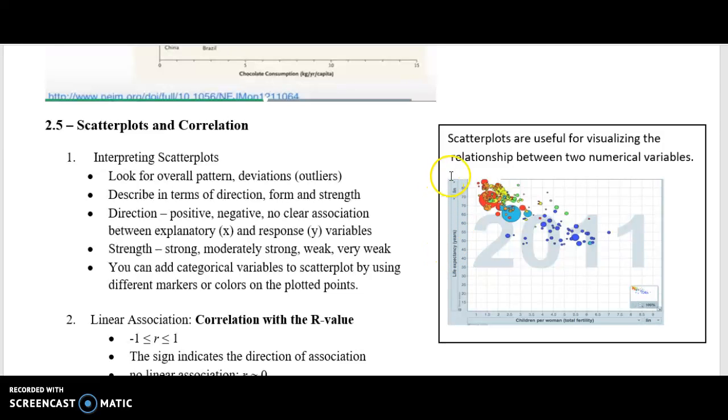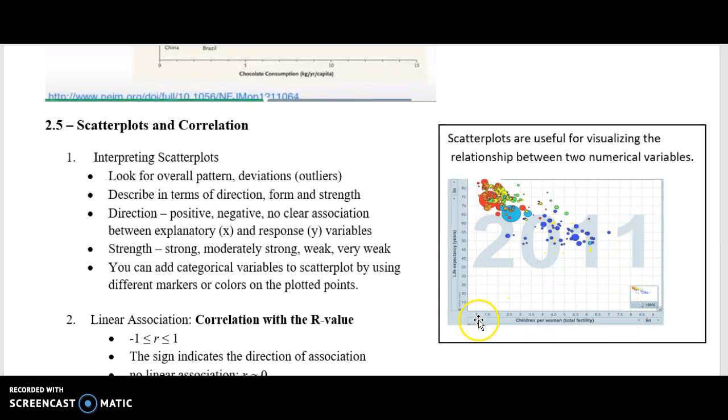And if we eyeball it, there is an overall linear trend going downwards to the right. So that would be negative direction or negative association. And you can see that they all cluster right around this line right here. So the trend is that as the number of children per woman increases, the life expectancy tends to decrease.